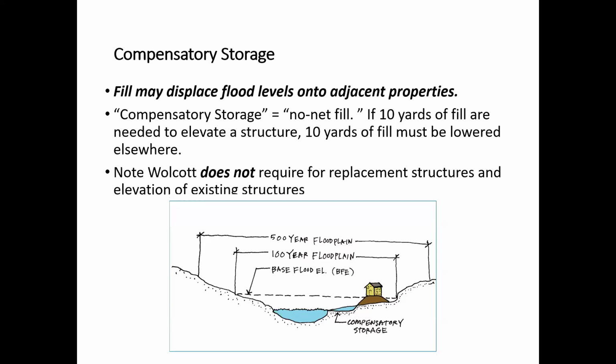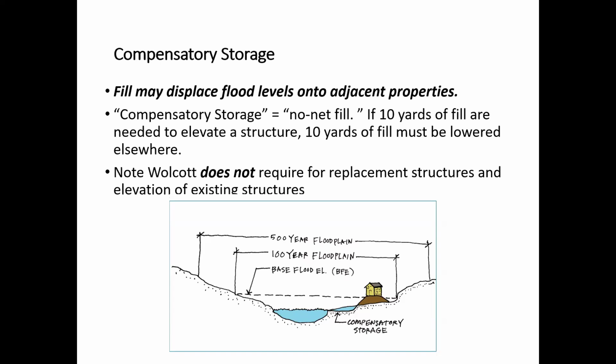Caveat on that is that the bylaws explicitly do not require compensatory storage for replacement structures and elevations of existing structures. So a structure replacing something that was removed does not need to do compensatory storage under the current bylaws. A new structure does.